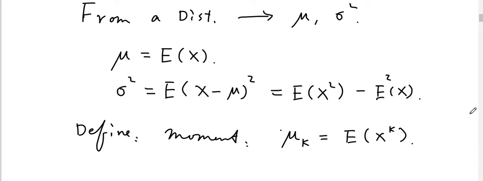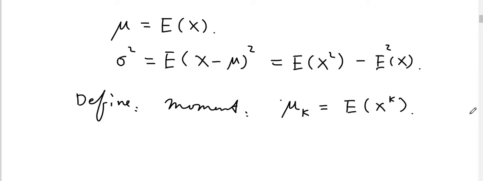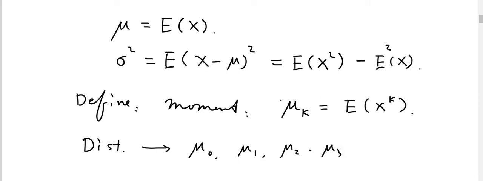So from a distribution we can find mu1, mu2, and so on. Here mu1 is just the mean, and mu0 is 1, so we have mu0, mu1, mu2, mu3, until infinity.